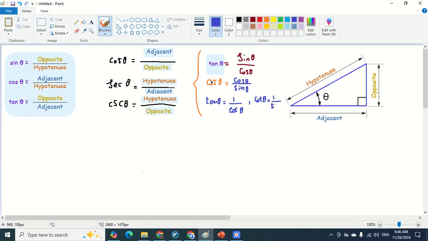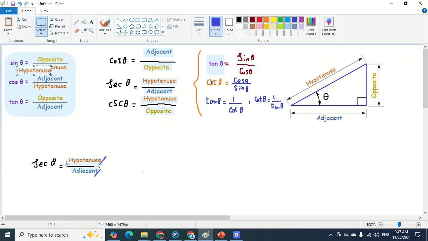Moreover, we can do the same thing for the secant and cosecant. If you consider, for example, the secant of theta, and in that definition you divide the numerator and denominator of this fraction by the hypotenuse of this triangle, then you reach this relation as well.